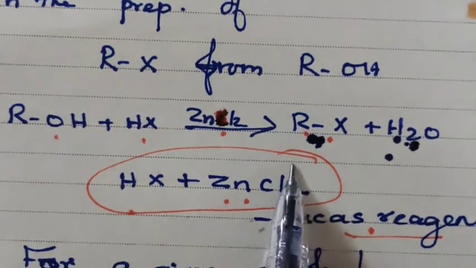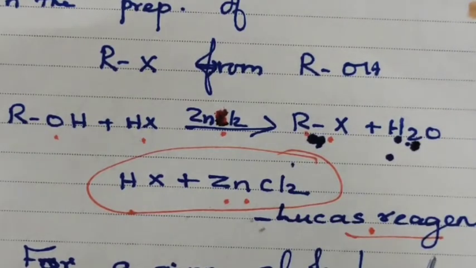By the formation of turbidity, we can understand the reaction takes place. When we use tertiary alcohol, the turbidity will form immediately. Whereas if we use secondary alcohol, the turbidity will form in 15 to 30 minutes. But when we use primary alcohol, no turbidity will form because no reaction takes place. Thus, we can distinguish primary, secondary and tertiary alcohol by the Lucas test.